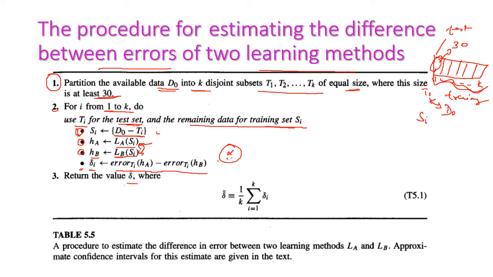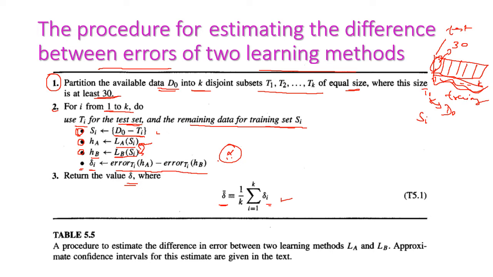Where the value delta is equal to 1 by K summation of i equal to 1 to K delta i. That is the average over all the training samples' hypotheses. This is nothing but the delta bar, the mean of all the data.